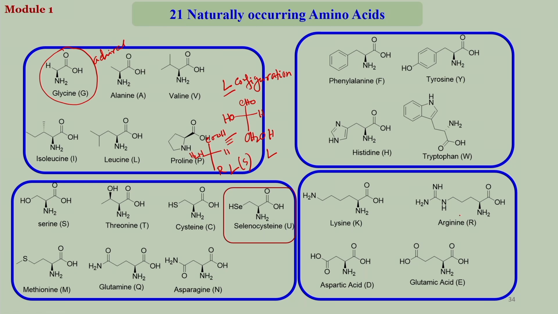Lysine has an amine side chain, and arginine has a guanidine moiety as the side chain. They are basic side chains. Aspartic acid and glutamic acid have carboxylic acid groups as the side chains. So, a lot of variations which allows you to chemically modify the amino acids in an enormous way.